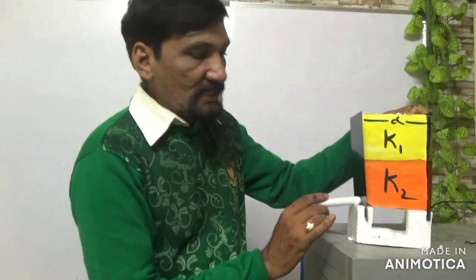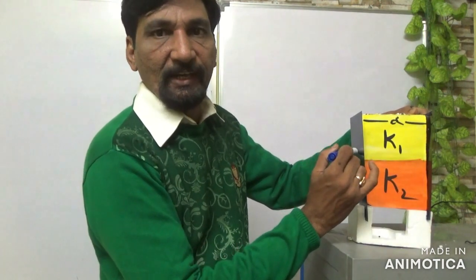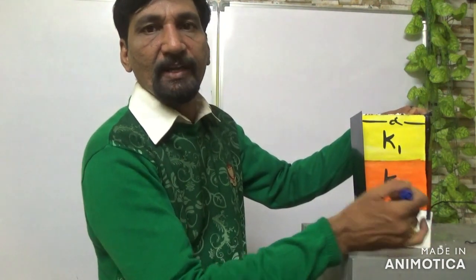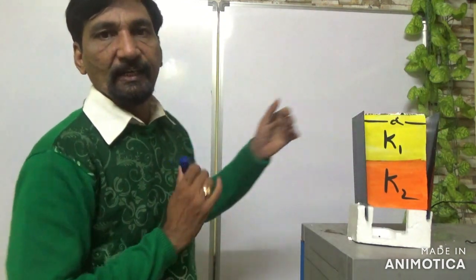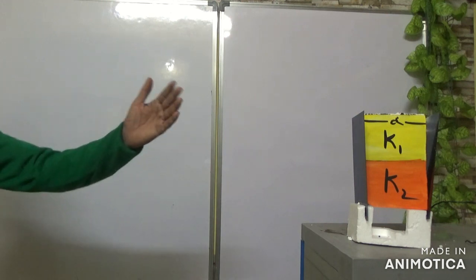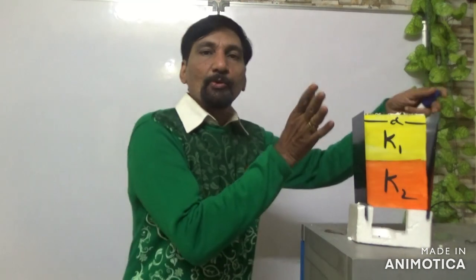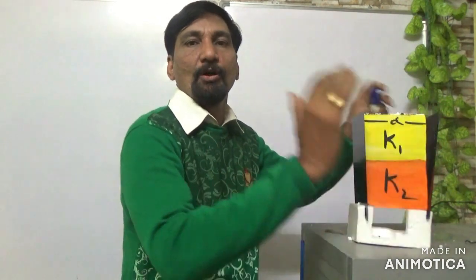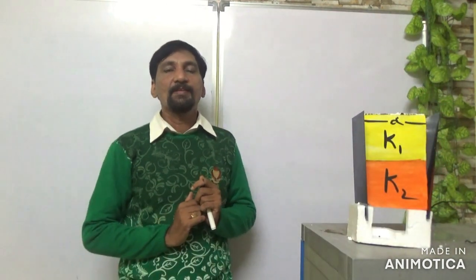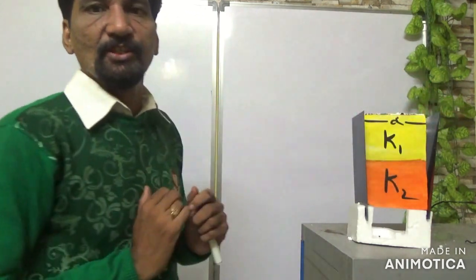But the area is divided. Half the area is the first dielectric, the remaining half area of the plate is the second dielectric. So if you notice this, it is easy to solve this problem. To find the effective capacitance when two dielectrics are kept in this way, what are we supposed to do? Divide this into two capacitors.